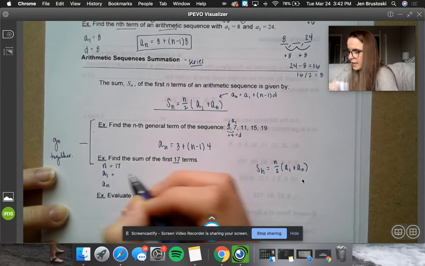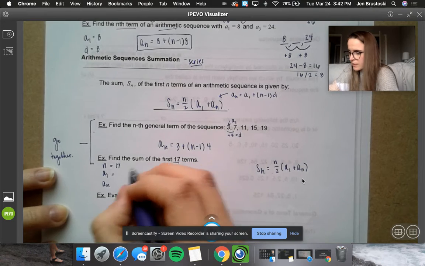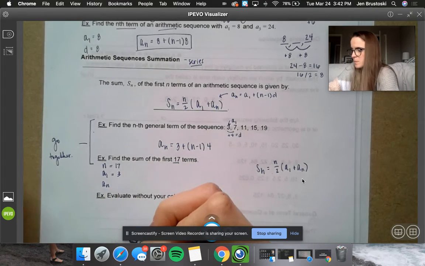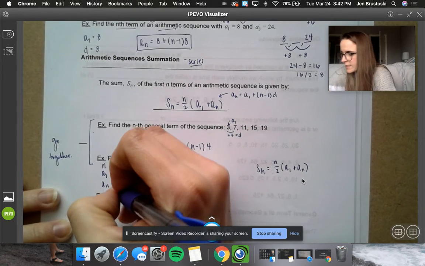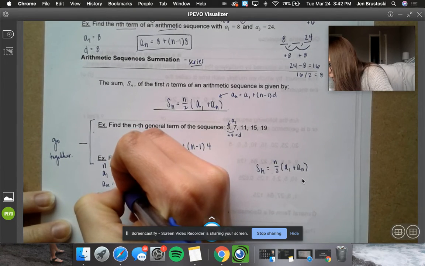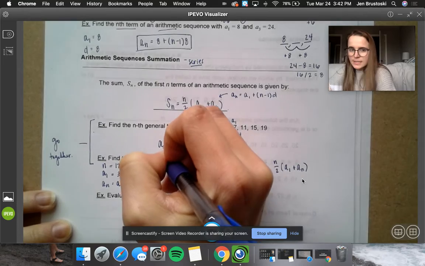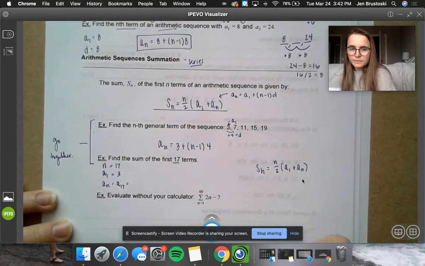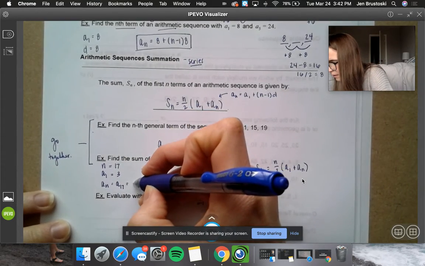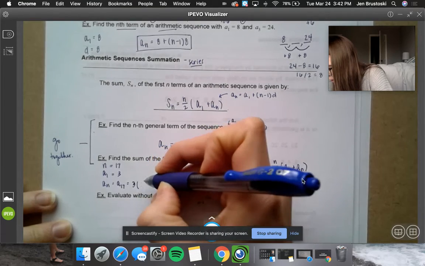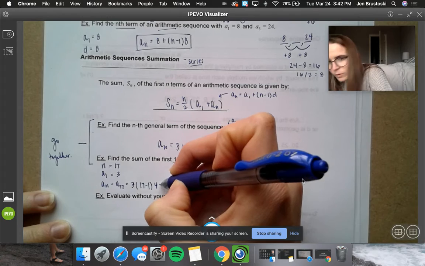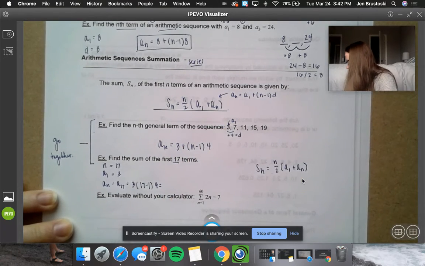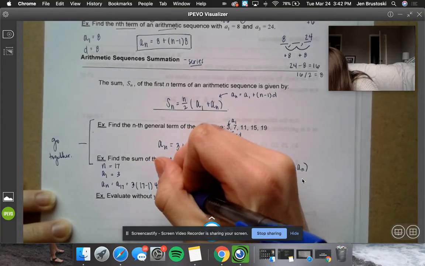A sub 1, again, it's easy. We used it in the last problem. It's 3. And then a sub n. So we know that n is 17, so we need to find what a sub 17 is by plugging it into this equation right here. So I have 3 plus 17 minus 1 times 4, which if you were to calculate that out, you would get 67.